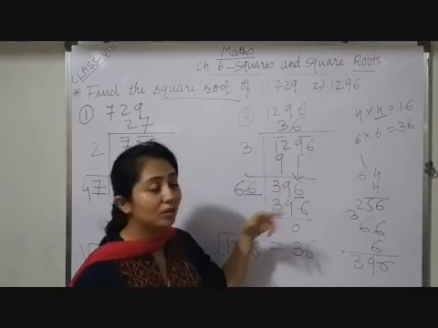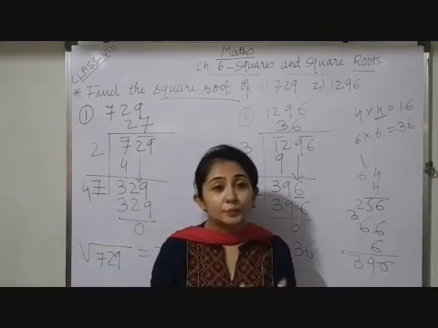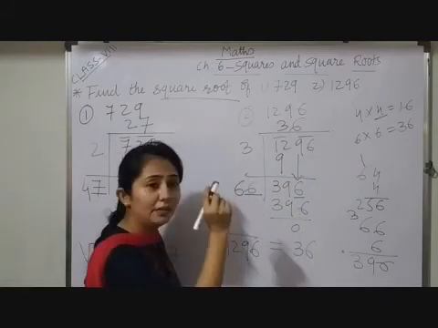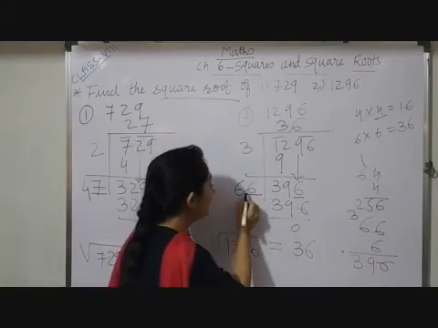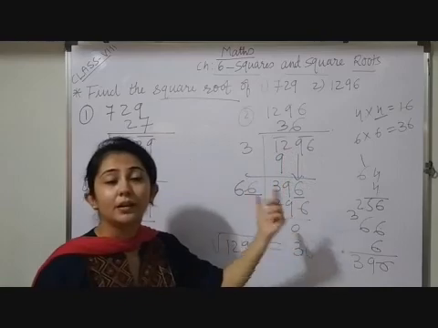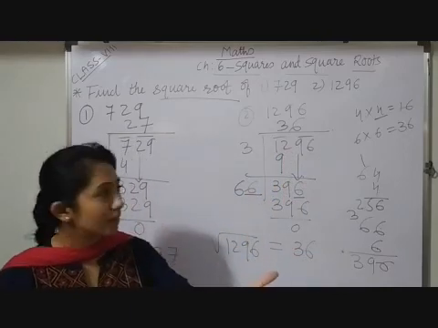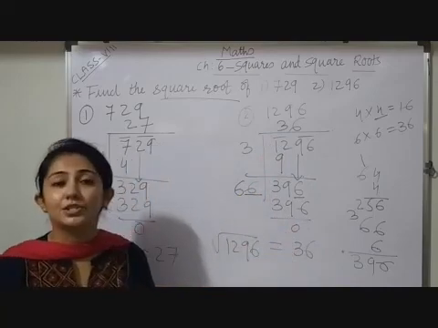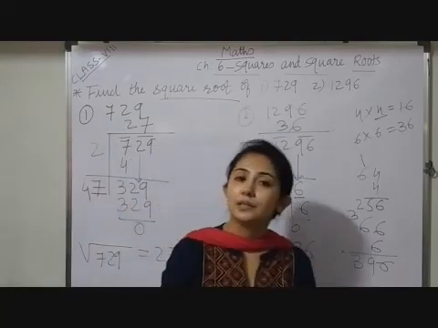After subtracting it, we have to double the divisor and enter my divisor with this blank. After that I have to bring down the next pair. Again you have to recall the square table and obtain the nearest number, and if you are getting remainder 0, it means the given number is a perfect square number.